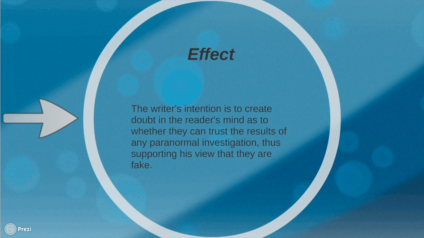Then we need to do what the effect on the reader is. So what's the writer's intention behind using these two words? The writer's intention is to create doubt in the reader's mind as to whether they can trust the results of any paranormal investigation, thus supporting his view that they are fake, okay?